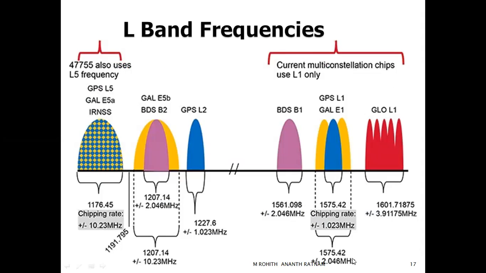Here, you can see the red color is for GLO, which is GLONASS. GAL is Galileo, BDS is BeiDou, GPS, and IRNSS for the Indian. It started about L1, here, which is 1.5 gigahertz, right?